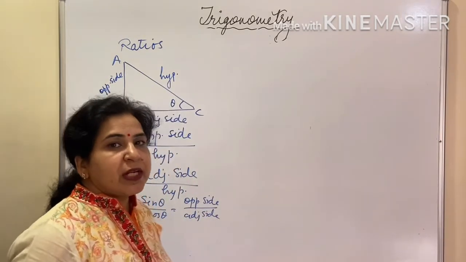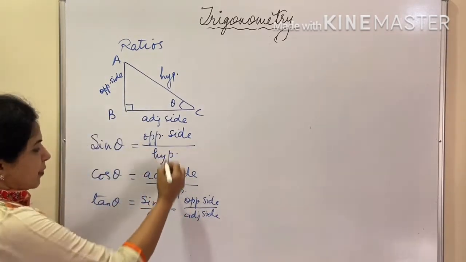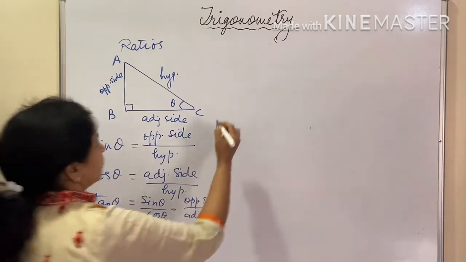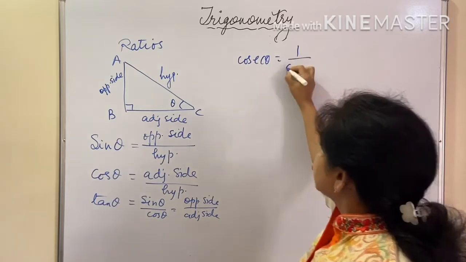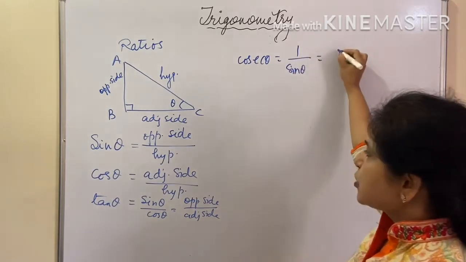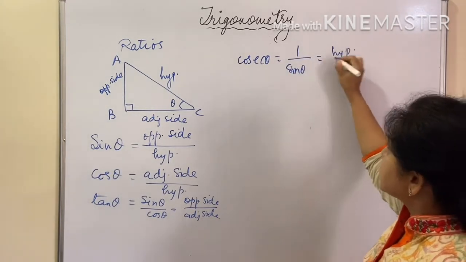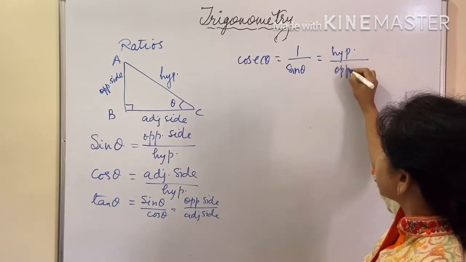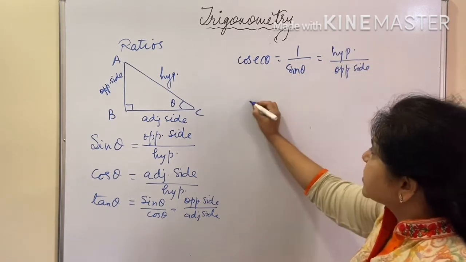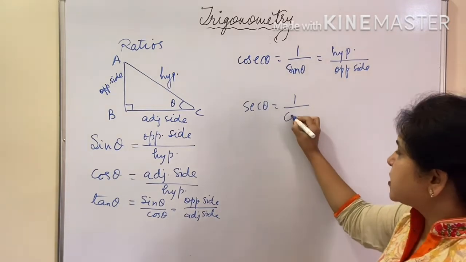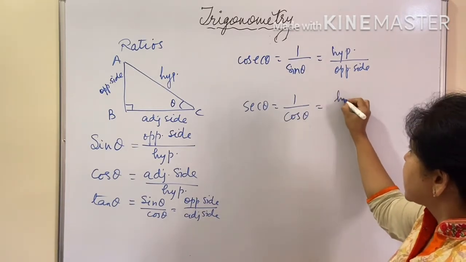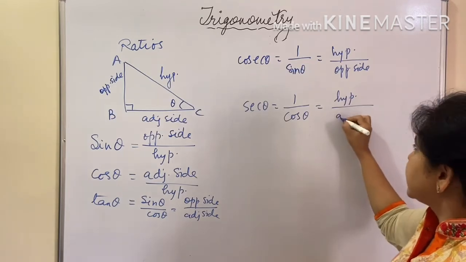And the rest of the 3 trigonometric ratios are reciprocals of these 3. Like cosec theta is reciprocal of sin theta. So it is hypotenuse by opposite side. And sec theta is reciprocal of cos theta. So it is hypotenuse by adjacent side.